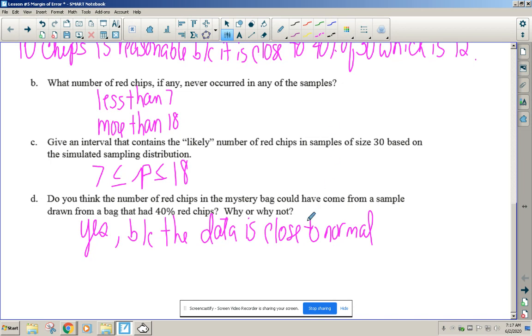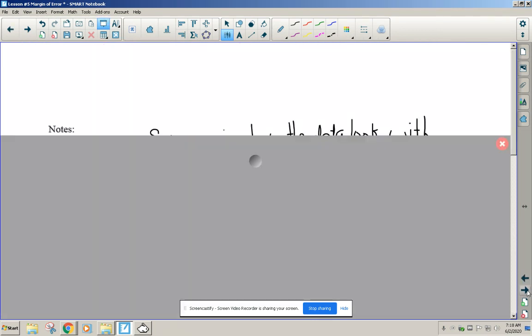So a lot of these questions are repetitious, but they are designed to keep asking you the same thing in a different way so that it starts to become comfortable with how you think when you look at the numbers. So let's look at the next page. There's a bunch of notes and a bunch of important things that you need to know.